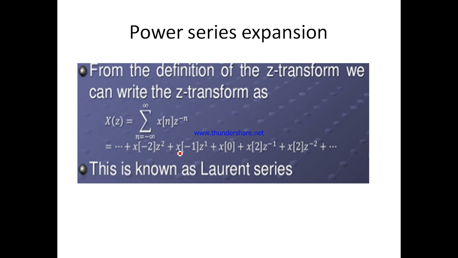Now in calculating the inverse z transform for the sequence, we have to expand that sequence, and comparing these values with that sequence, we will get the inverse z transform of that sequence. Okay, thank you.